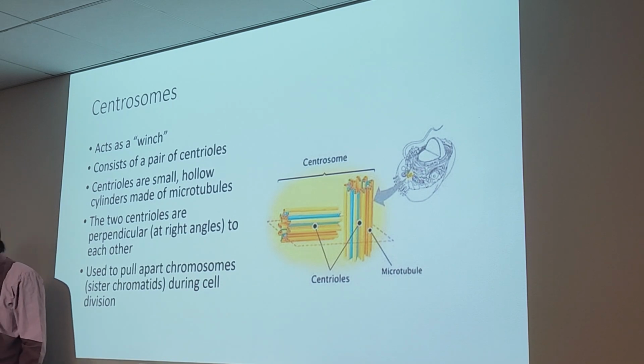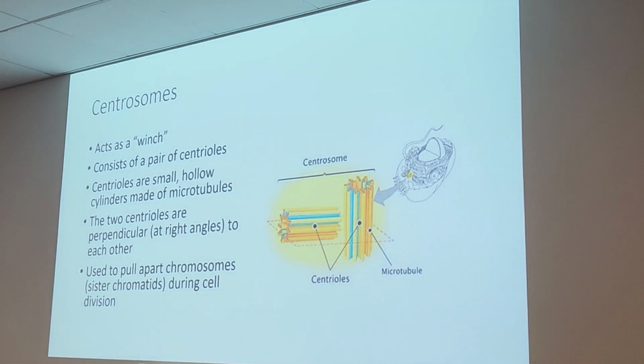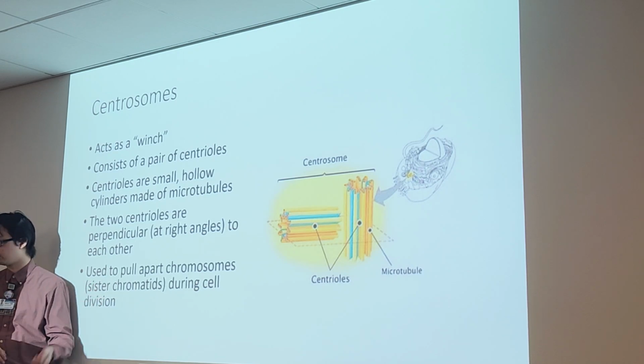Centrosomes. These are important because we are going to talk about them in the context of cell division. These act like a winch, like a crank, and they are used to pull our chromosomes apart during cell division, or specifically our sister chromatids.